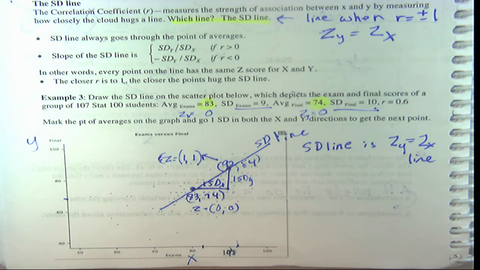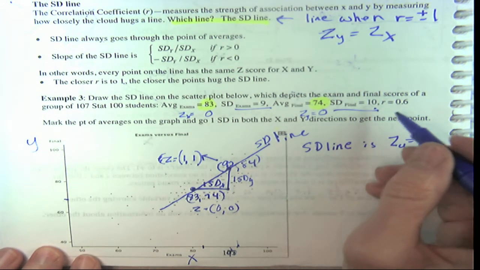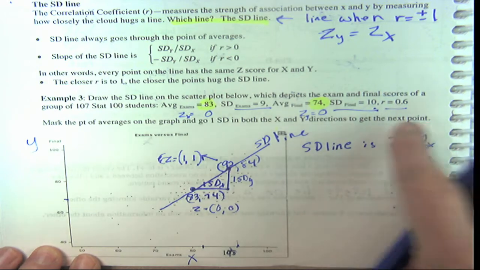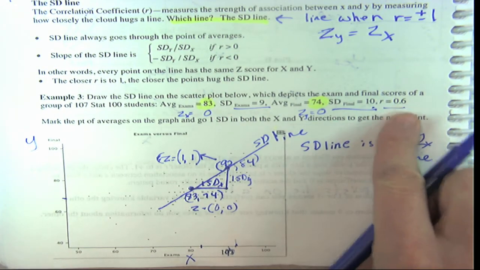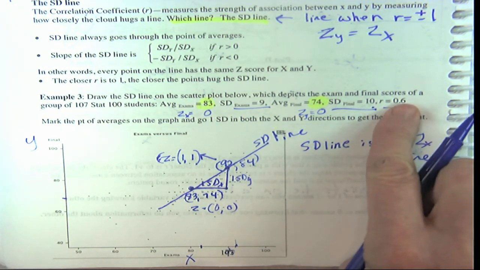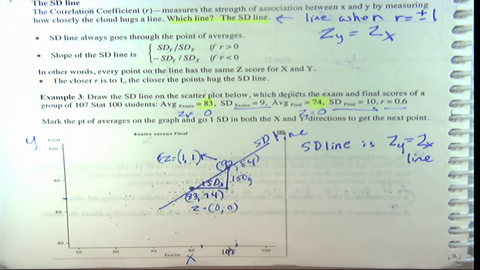Yes. So the SD line, it says that R equals 0.6, so that means how close it is to the... Oh yeah. This R is not the same. Okay, so what would that mean? Well, that's a good question.